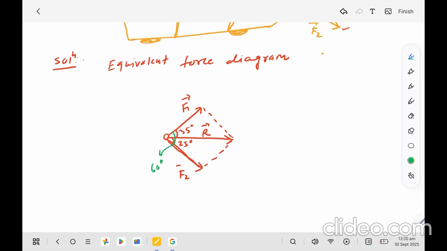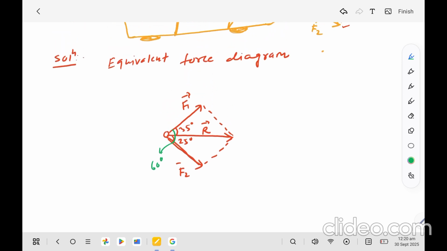So if you look at the equivalent force diagram, then F1 and F2 both are represented by the sides of the parallelogram, and this diagonal is representing the resultant force. Okay, so we can use the law of parallelogram to solve this problem.